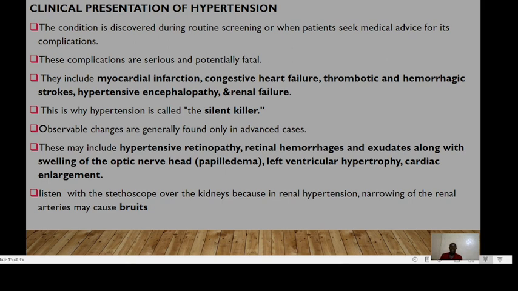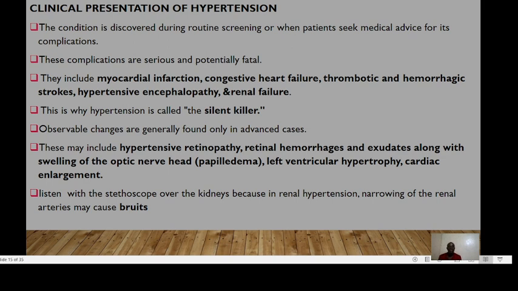The complications could be serious and potentially fatal, and could include myocardial infarction, congestive heart failure, thrombotic and hemorrhagic strokes, hypertensive encephalopathy, and renal failure. This is why hypertension is normally referred to as the silent killer. Observable changes are generally found only in advanced cases.